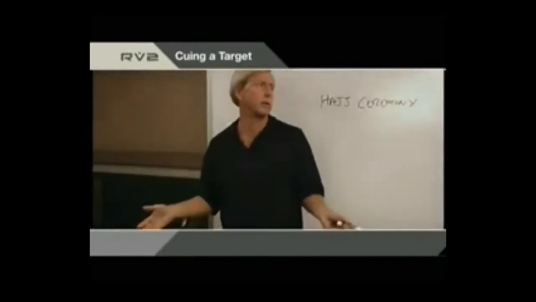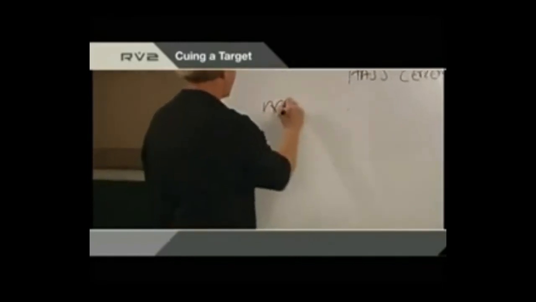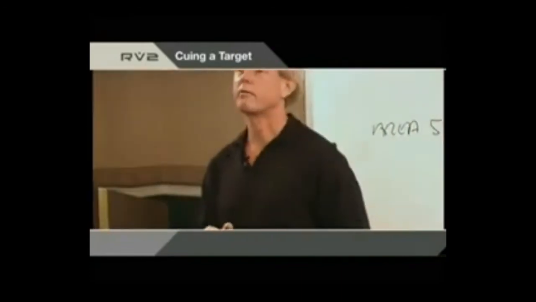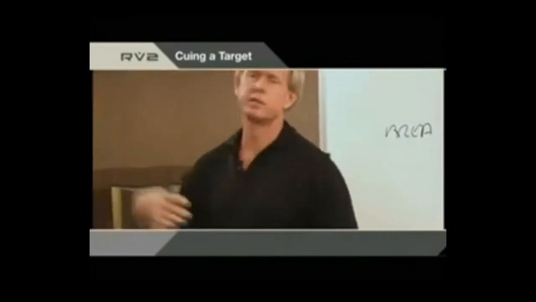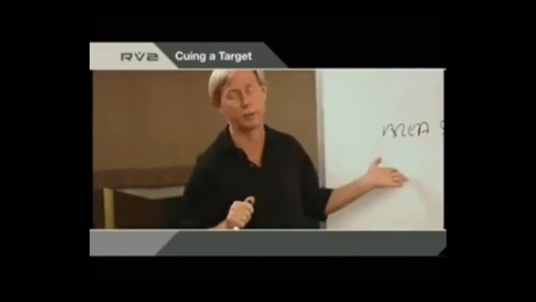If it's Area 51, what about Area 51? What does that mean? Don't use Area 51 as a search term. Get somebody's long-range photograph of this place that everybody calls Area 51, but who knows the real name? I mean, I do, but I'm not going to tell you.